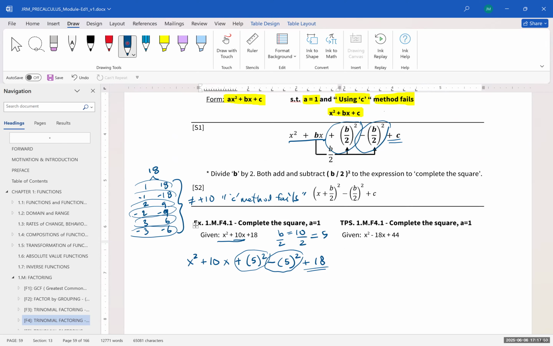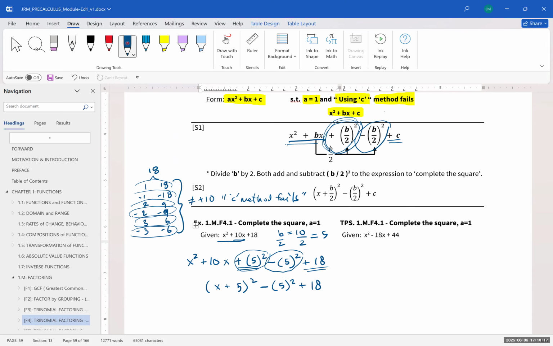What that lets us do is write the first two terms plus this b over 2 squared as x plus 5 squared, and that's going to be minus 5 squared plus 18.